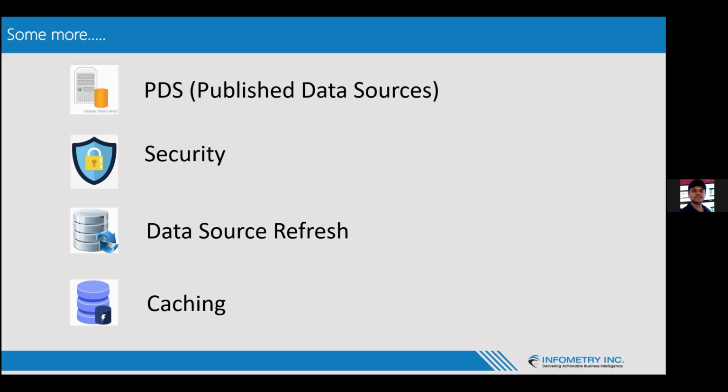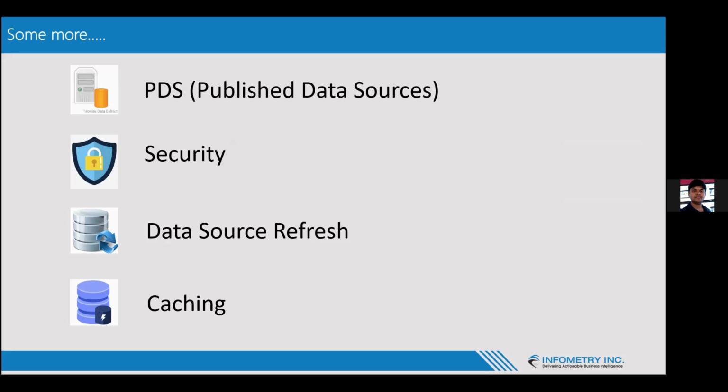The next one is the data source refresh. If you see the first point in the slide, when we talk about published data sources, we talk about data extracts. As I said before, the data extract for a data source creates a static chunk of data set at the Tableau platform level.